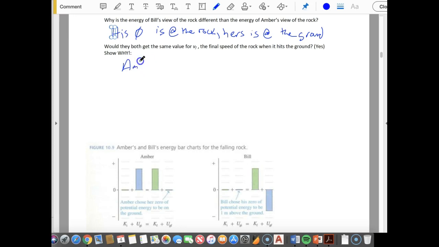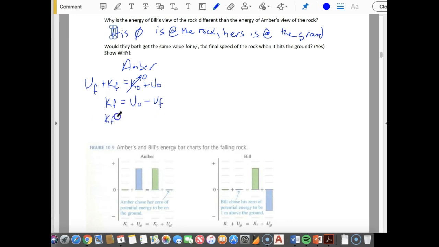Let's think about Amber first. We know from our previous derivation that the final potential energy due to gravity plus the final kinetic energy should be equal to the original kinetic plus the original potential. Here the original kinetic energy is 0 since it's not moving. That means our final kinetic energy is equal to our original potential energy minus our final potential energy.